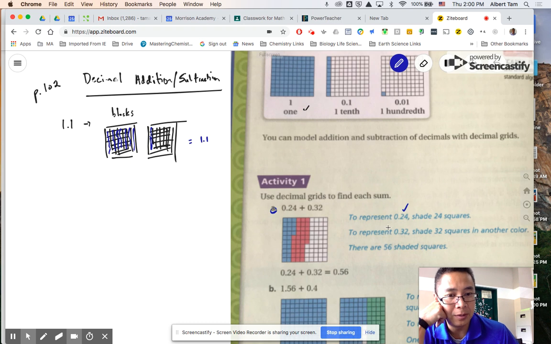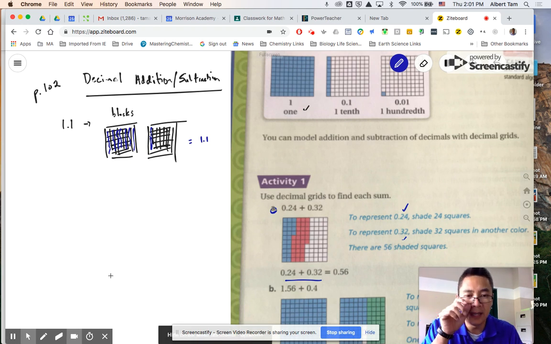Then to represent the 32 hundredths, you add 32 of those hundredths blocks, and they shade that in red. When you add those blocks together, there's 56 blocks colored. Since each block is worth a hundredth, you are getting 56 hundredths as your answer. I'm just going to pause for a second here.